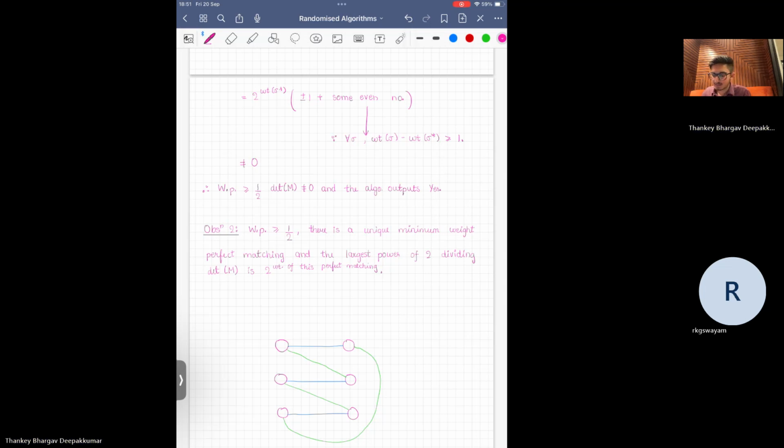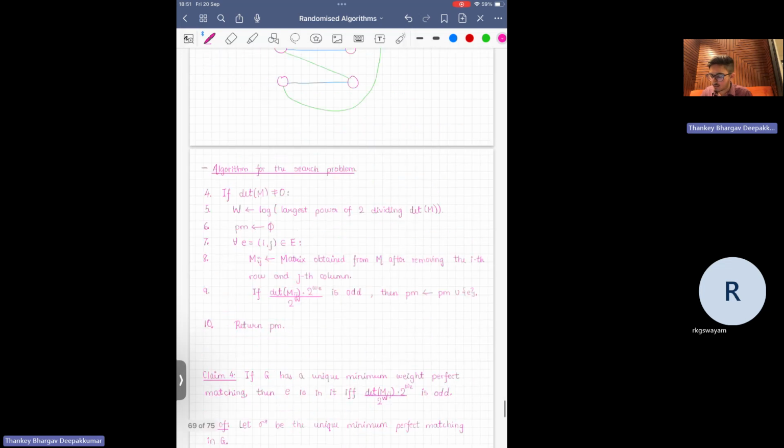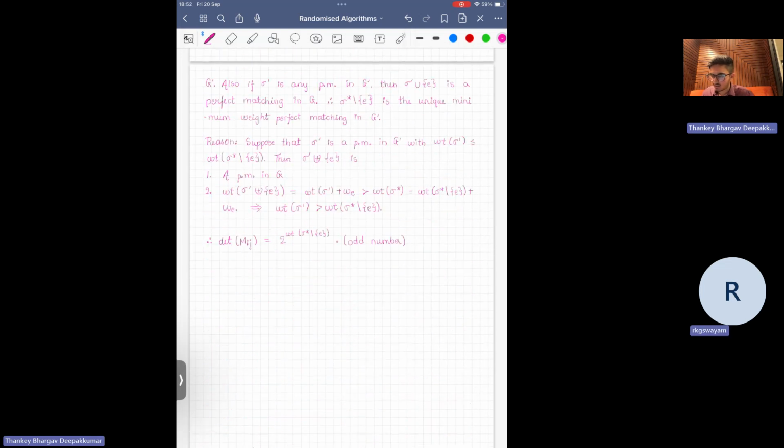Over here it's sigma star minus E. So this looks like 2 to the W, which is the weight of sigma star, over 2 to the WE times an odd number.